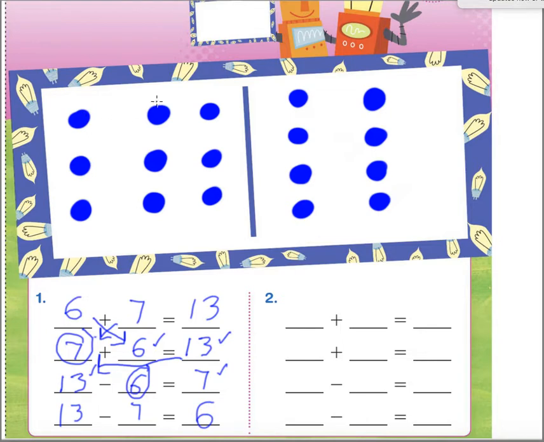So for our first block, we have 1, 2, 3, 4, 5, 6, 7, 8, and 9. So we have 9. How many do we have for our second part? We have 1, 2, 3, 4, 5, 6, 7, and 8. So we have 8 on this part.